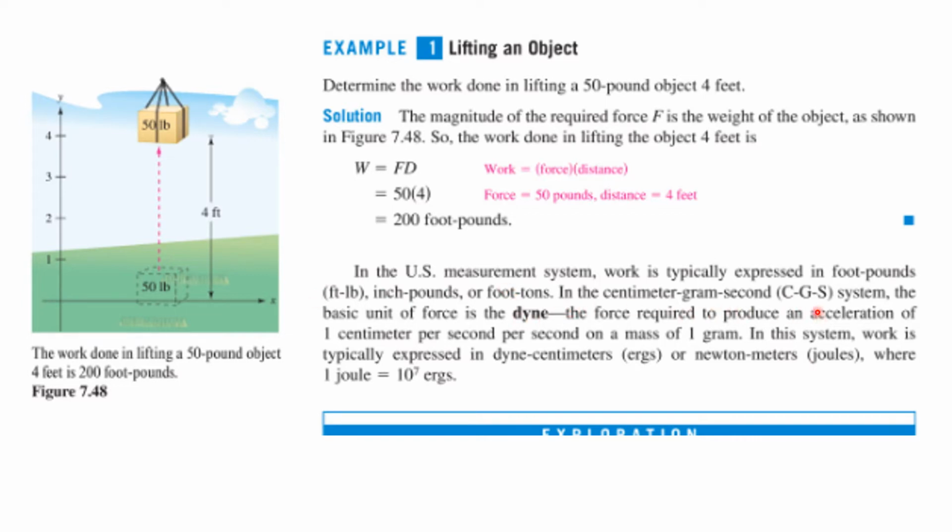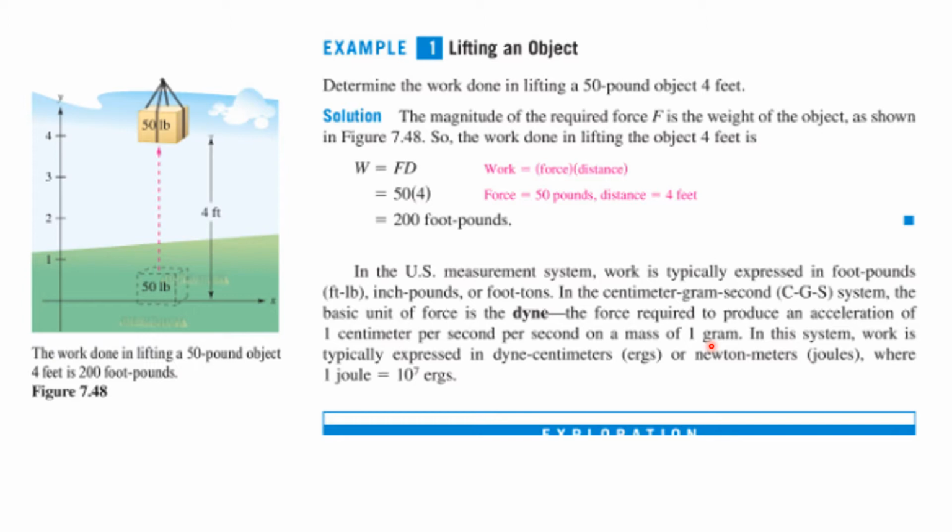In the CGS system, that is the centimeter, gram, second system, the unit of force is called a dyne, and a dyne is the force required to produce an acceleration of 1 centimeter per second squared on a mass of 1 gram. There are other units as well.